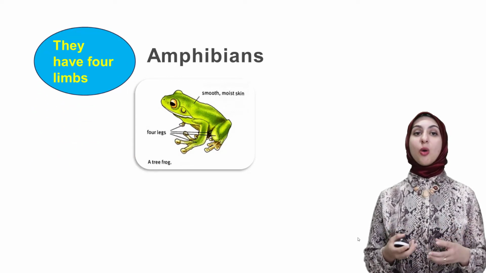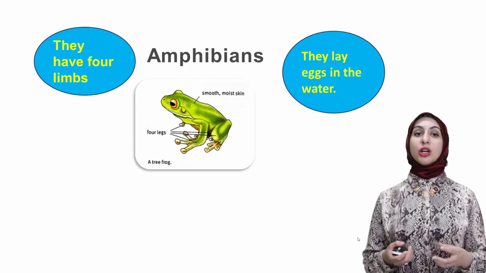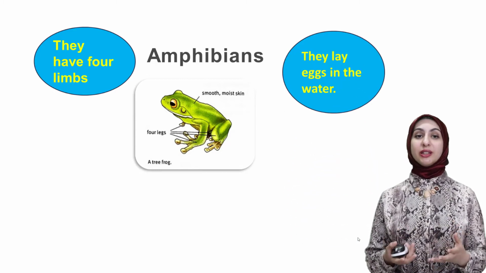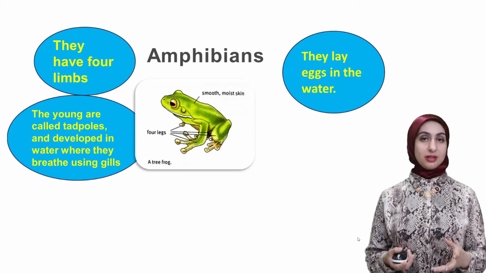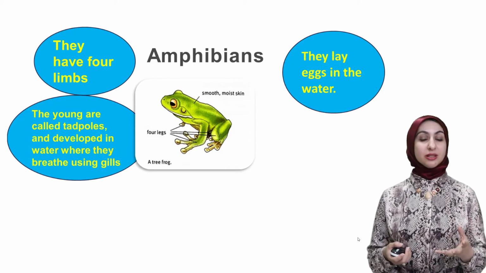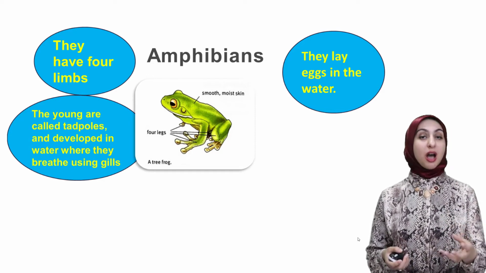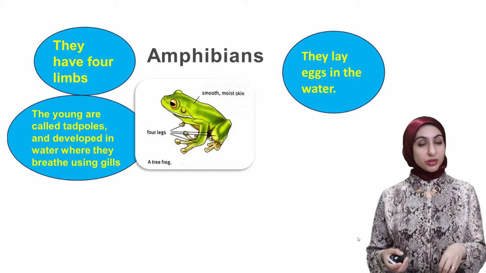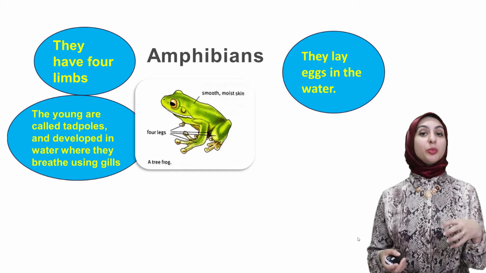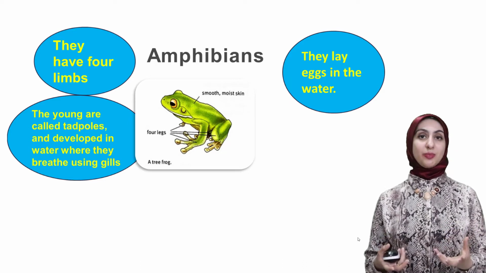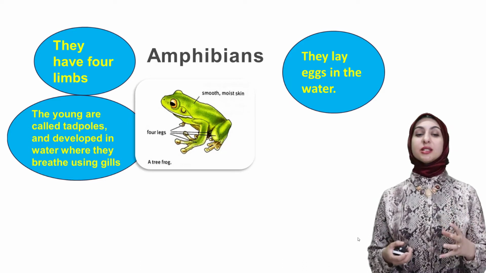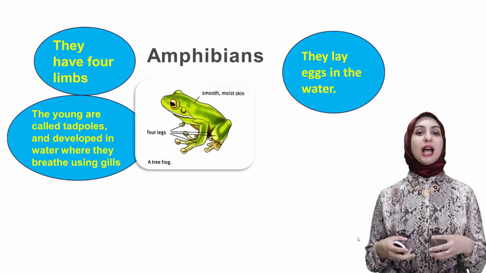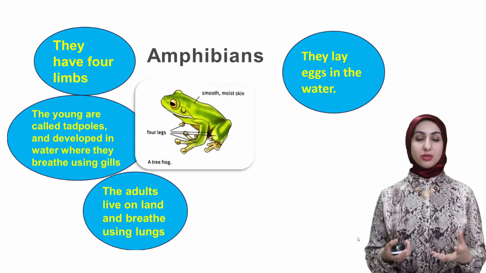The young are called tadpoles and developed in the water where they breathe using gills. This means the young of the frogs are called tadpoles and they are developed in the water, so they are breathing with gills. But the adults live on land and breathe using lungs.